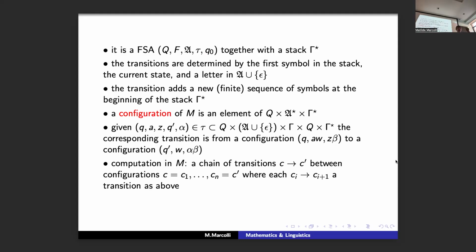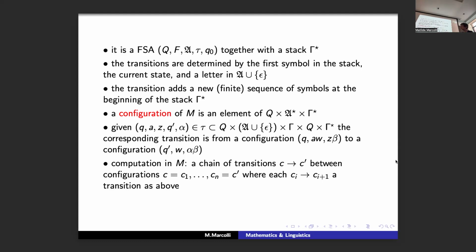Given a transition, which depends on where you are, what you read on the tape, the top of the stack, where you move to and what you deposit in the stack, you get a transition from one configuration to a new configuration, where you have used one of the letters on the tape, moved to a new state, and deposited something new on the stack after using a letter at the top of the stack.